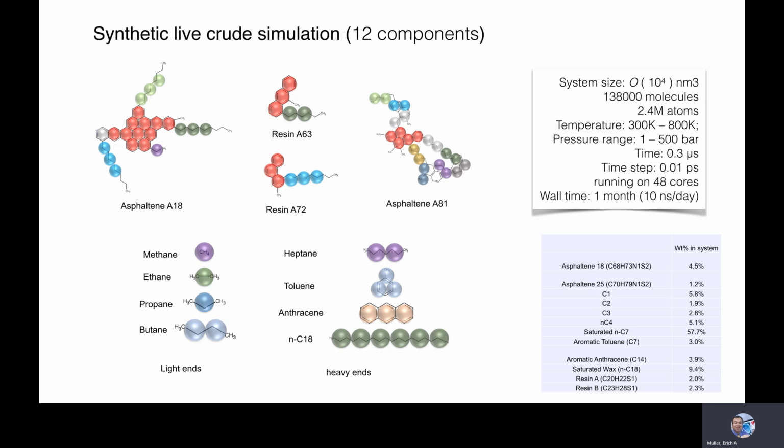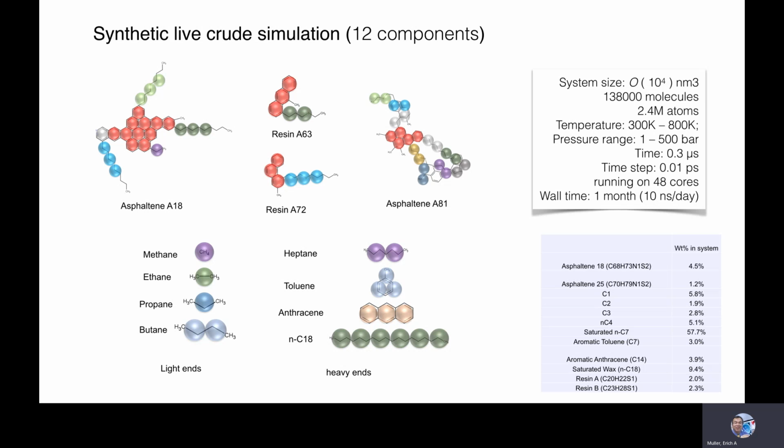Another area in which we've been exploring the use of these models is for simulations of oil fluids and crudes. This is an example of our representation of a live crude.